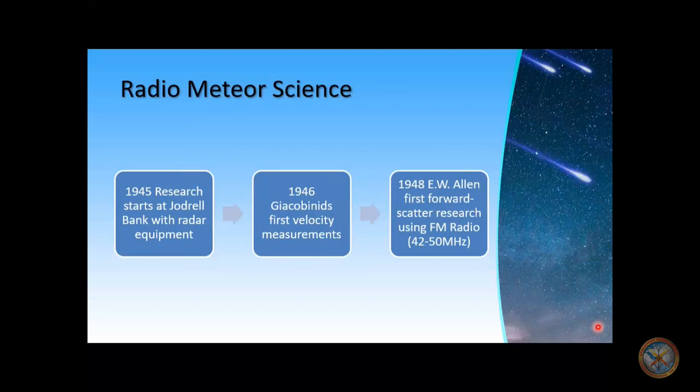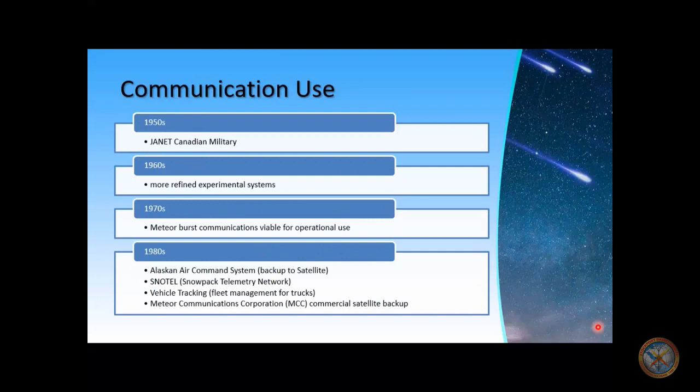So that then led to people thinking, well, we might use that for actual communication. And the first people to actually use it were the Canadian military in the early 50s, a system called Janet. There were some more refined experimental systems in the 60s, but it was all not very viable because it was data transmission.